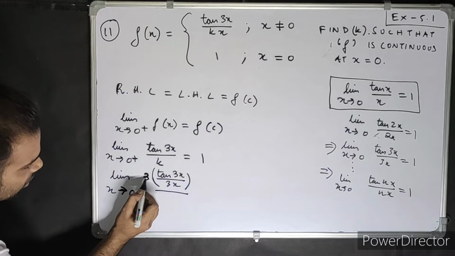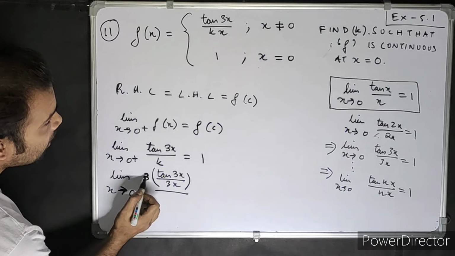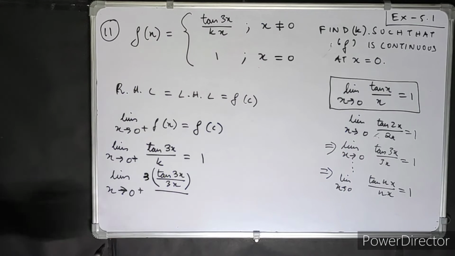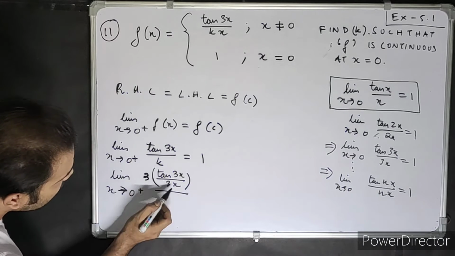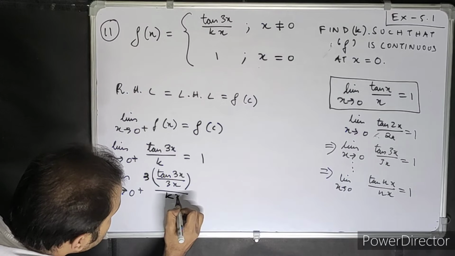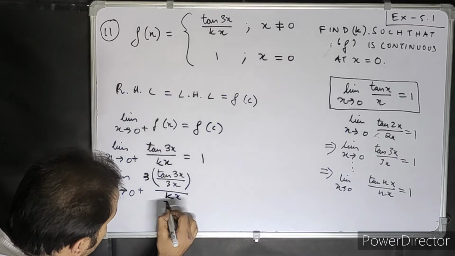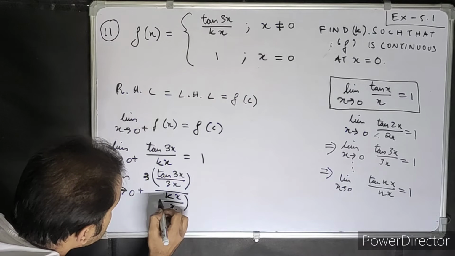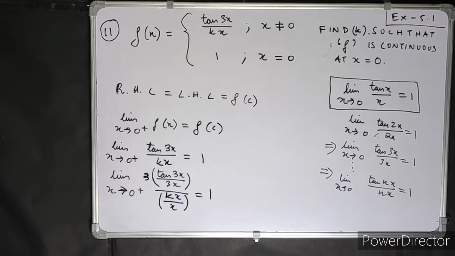When I multiply a 3, the 3 and the 3 over here get cancelled out. But what about the x? So over here it is kx. Kx divided by x equals 1.